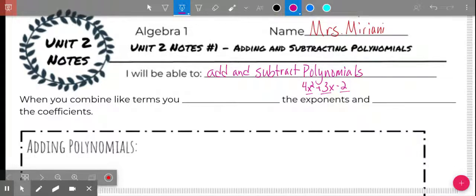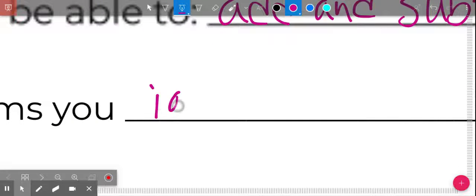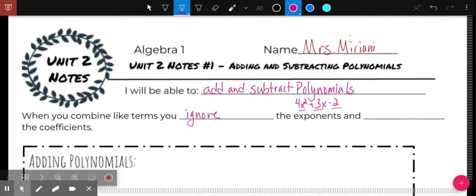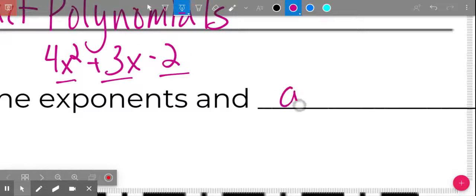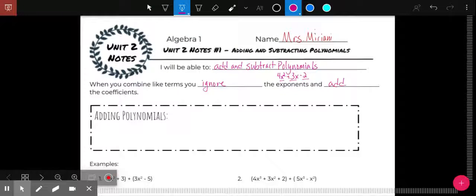When you combine like terms, really we just ignore the exponents and add the coefficients. Okay, so we're going to be ignoring our exponents and adding the coefficients together. It's pretty much all we do when we combine like terms. And you're going to see that in action in our notes today.